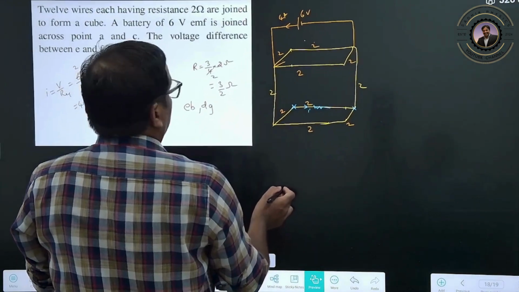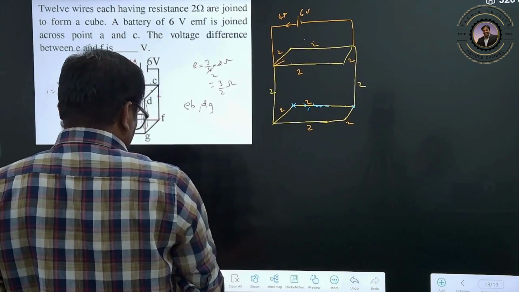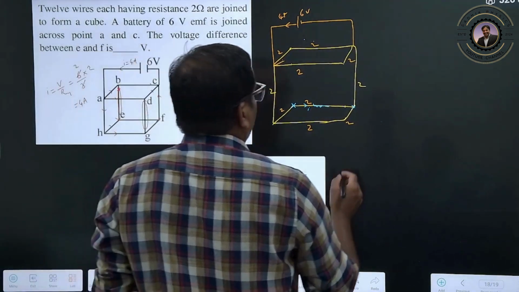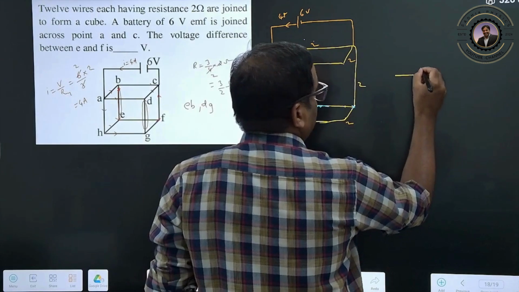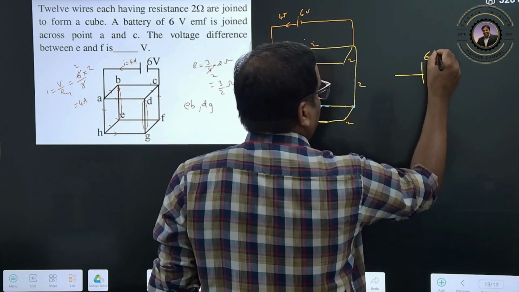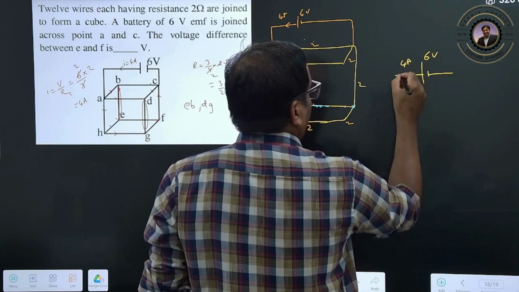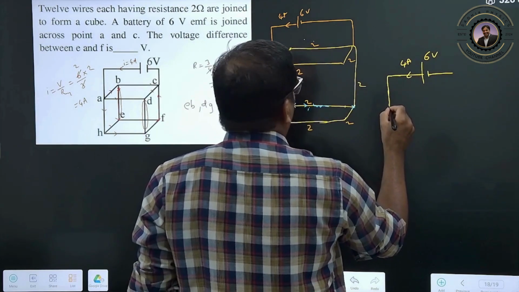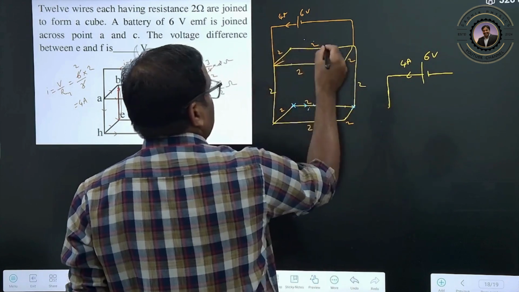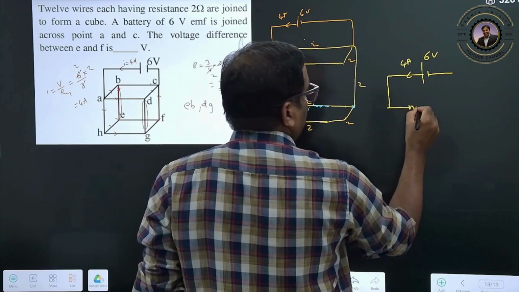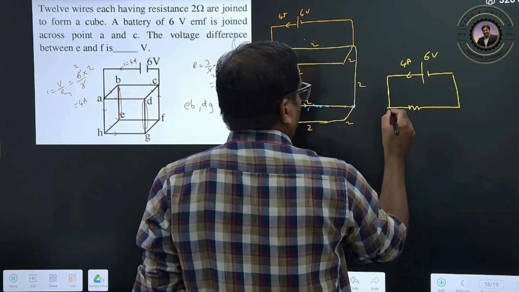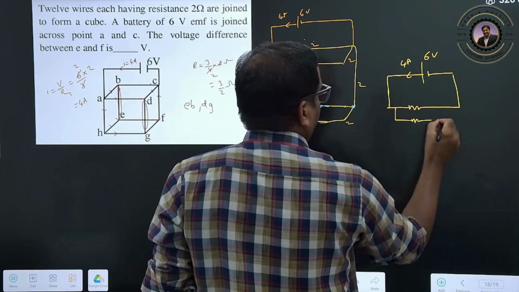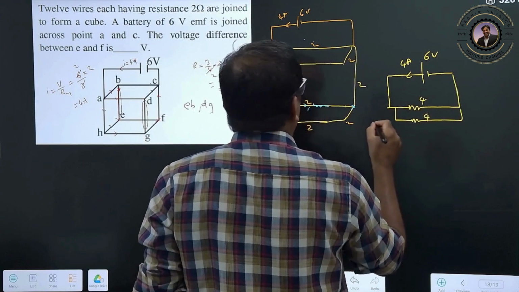Now I will simply redraw the circuit. Here this is 6 volts, 4 ampere. Now this part, I can take it as 4 ohms. Here also this side it will be 4 ohms.